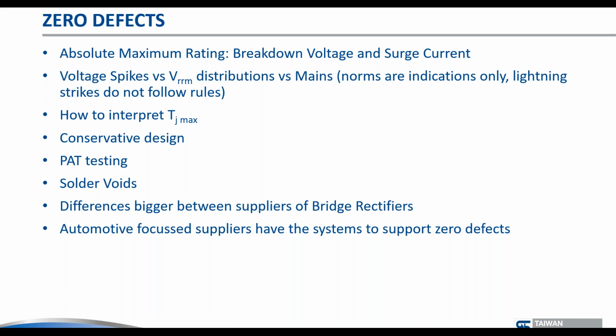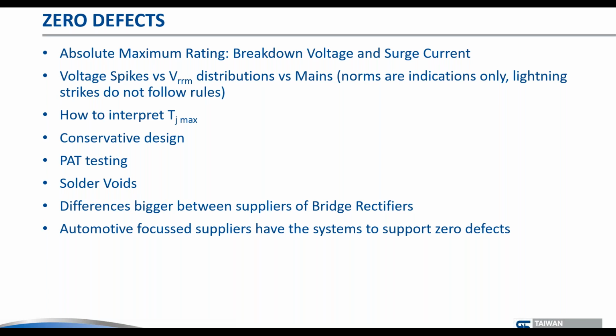It does not follow the rules or the norms. So you better have an extra margin here, because if somebody reduces the die size, then your robustness against lightning strikes might actually be reduced also. So this is something you need to be aware of, that voltage spikes and lightning and so on do not follow rules. So have enough margin and know who you are dealing with.